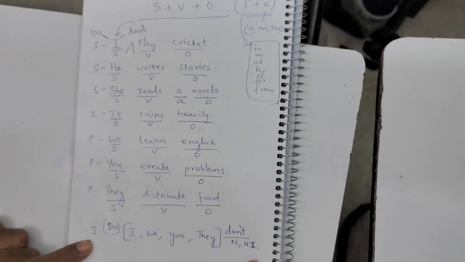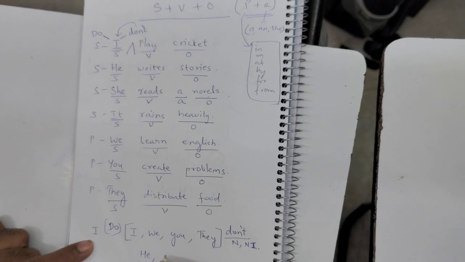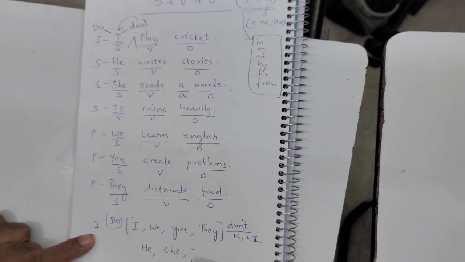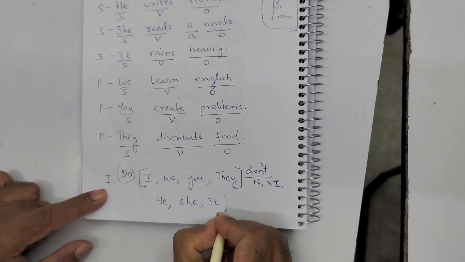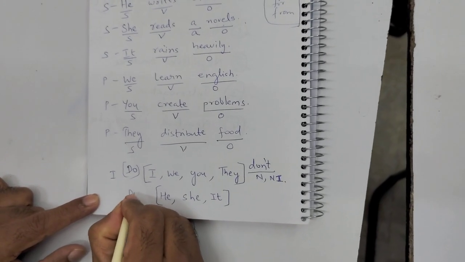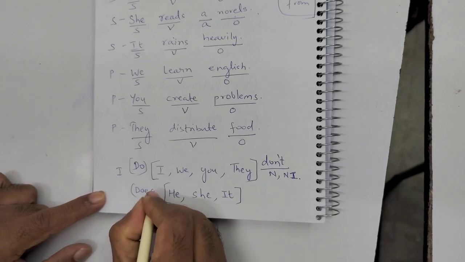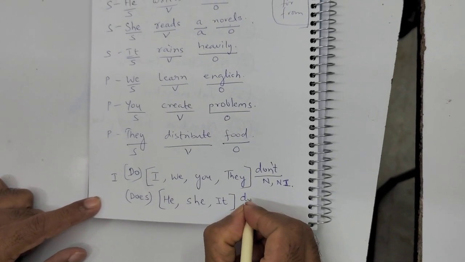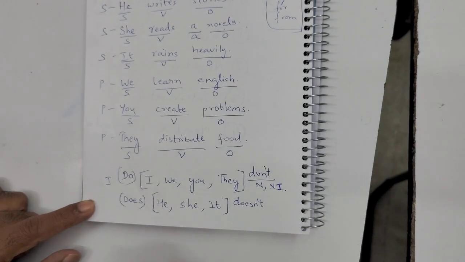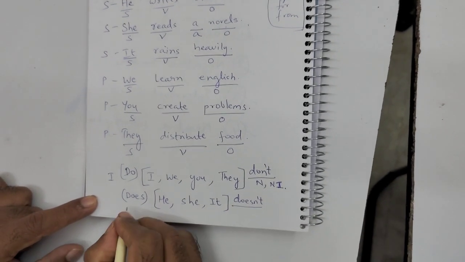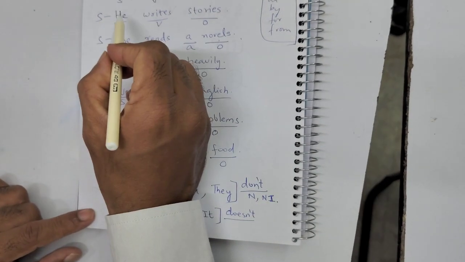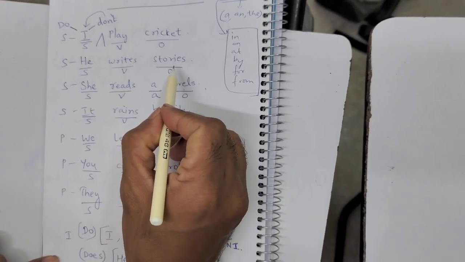Next, if you have the subject he, she, or it, then for interrogative you should write "does", and for negative you should use "doesn't". For example, he writes stories, positive.